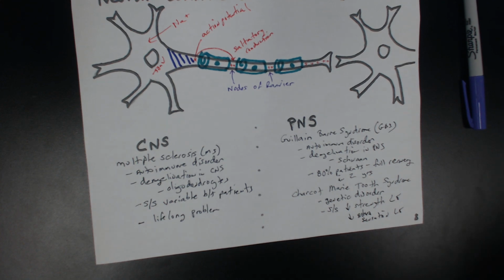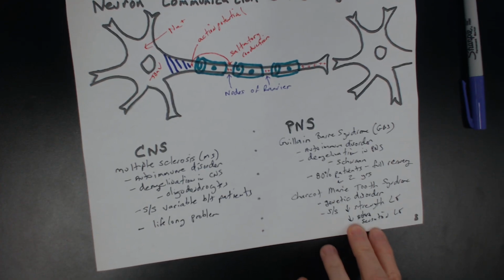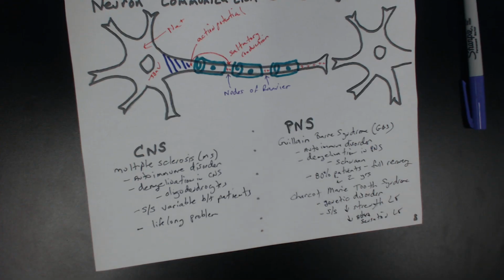Talked all about neurons and action potentials and neuronal histology, all the glial cells, and a couple of different problems with myelinating glial cells. What is that box? So strength, lower extremities, and what's the bottom one? Decreased sensation of the lower extremity. Yeah. Decreased strength and decreased sensation due to the demyelination.